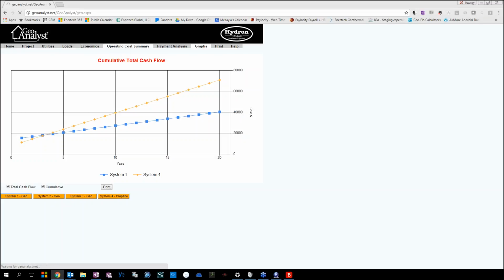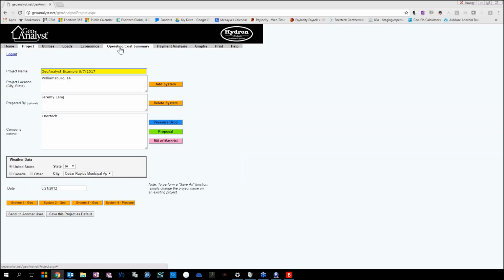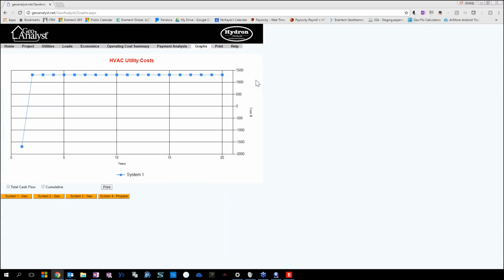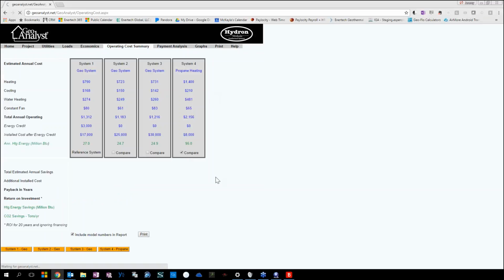I think I have to recalculate the cost summary page, I believe, in order to get the graph to update. One of these pages has to be refreshed. I think it's that one, so let's try. Oh boy, sorry guys, I unchecked that system. Okay, now we're ready.